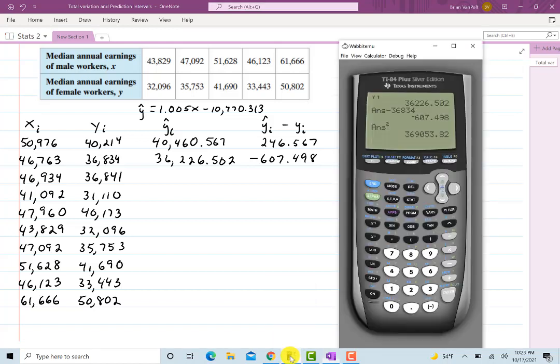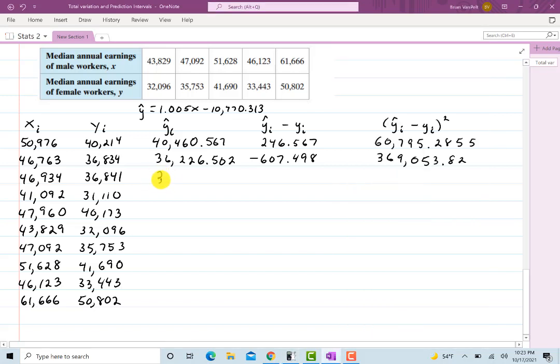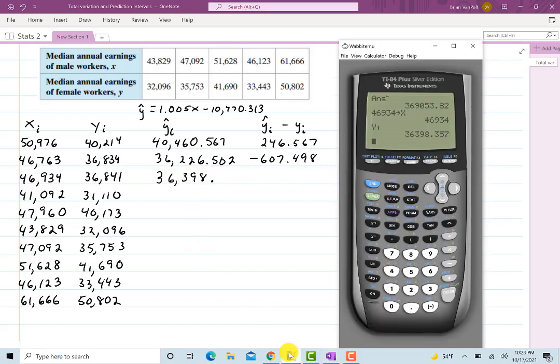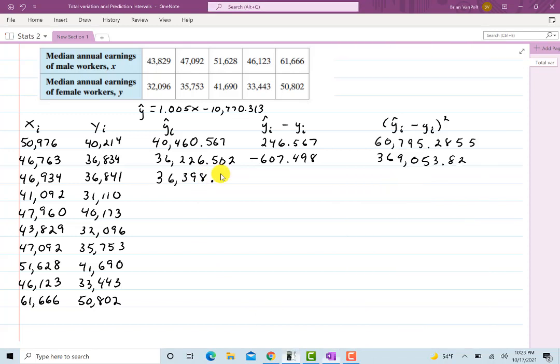Once again, 46934. I'm going to store it into x. On my vars, yvars, function y1, enter. 36398.357.